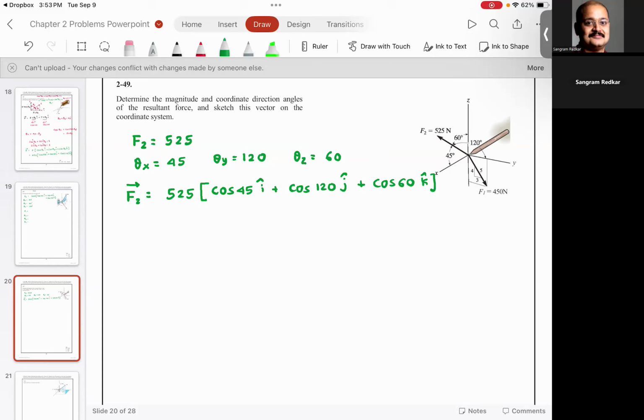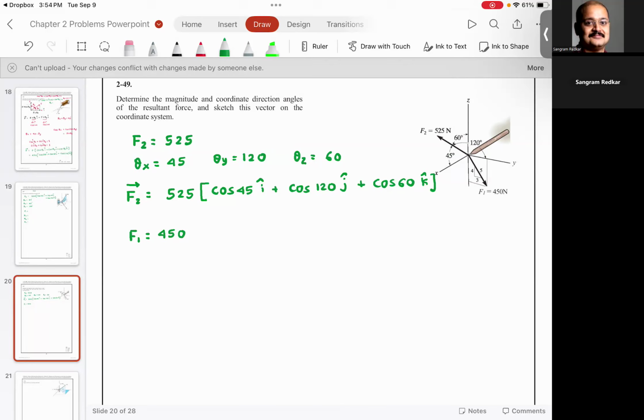Now the problem happens. Now let's try to solve this problem. Now what is happening with F1? F1 is 450 newtons. Can you see that this force F1 is in the YZ plane?